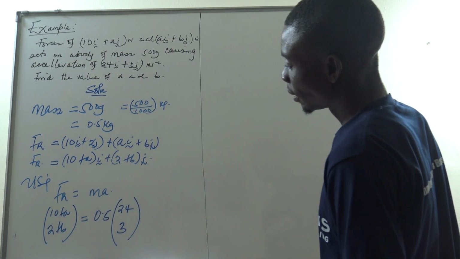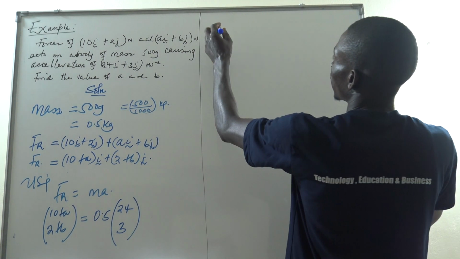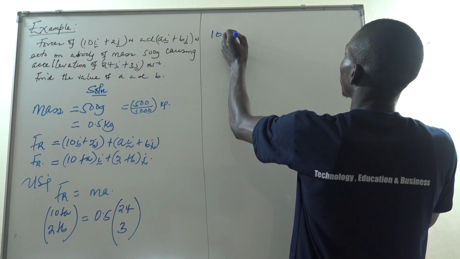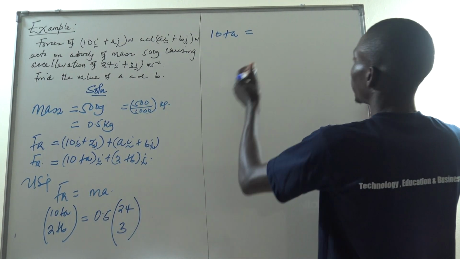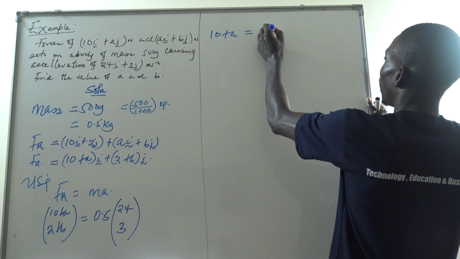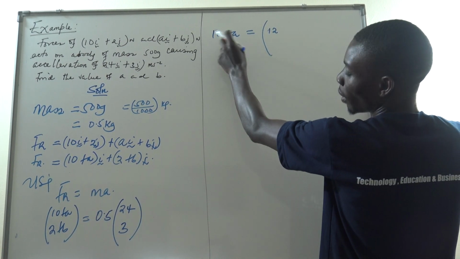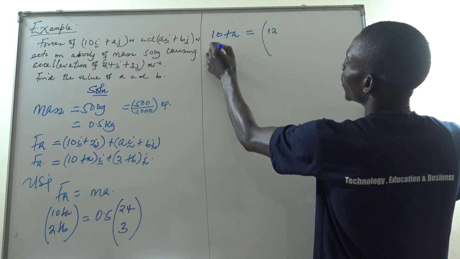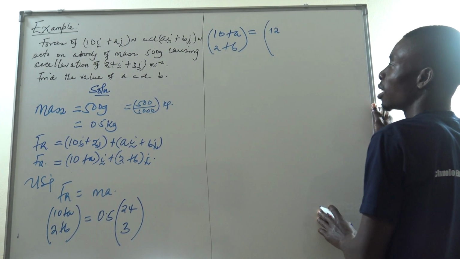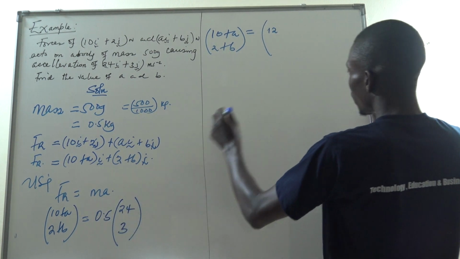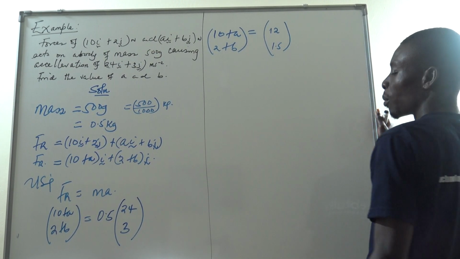Clear? You can look at that, and then I can say 10 + a, 2 + b is equivalent to 0.5 multiplied by that. You'll get 12 and 1.5, if I'm not mistaken.